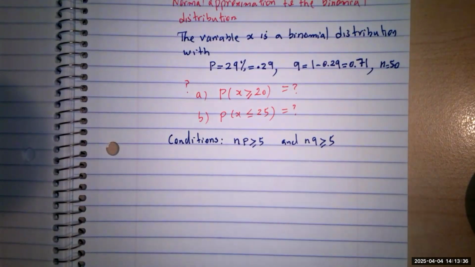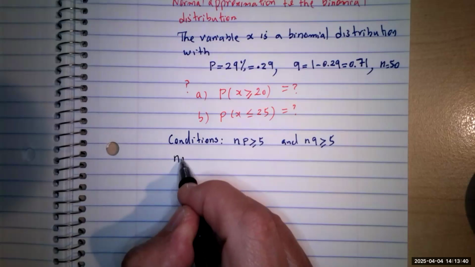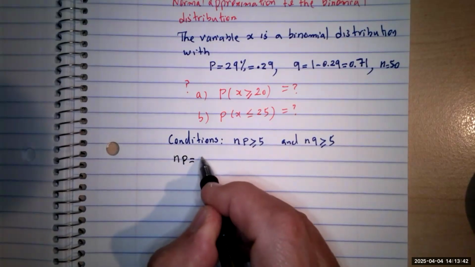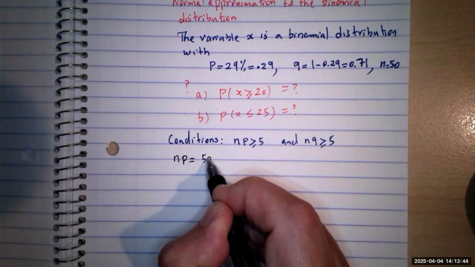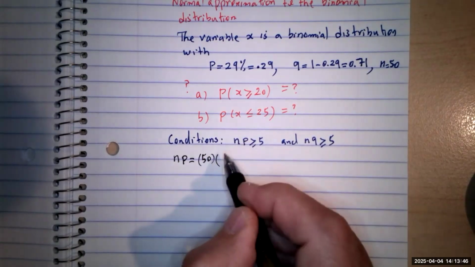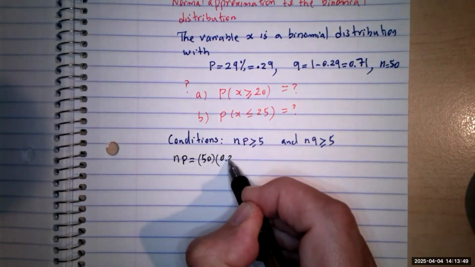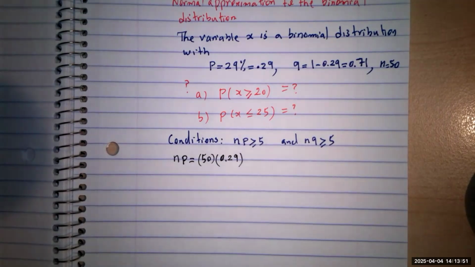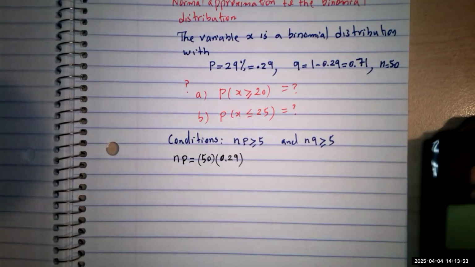We check the first one. So what is going to be np? n is the sample size, 50, times 0.29. Okay, on the calculator, you find this.